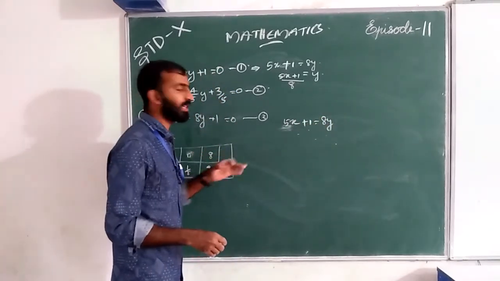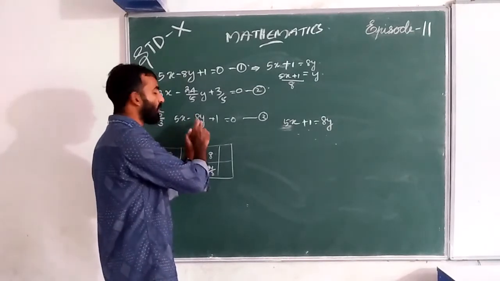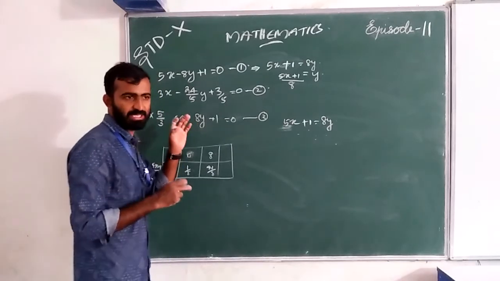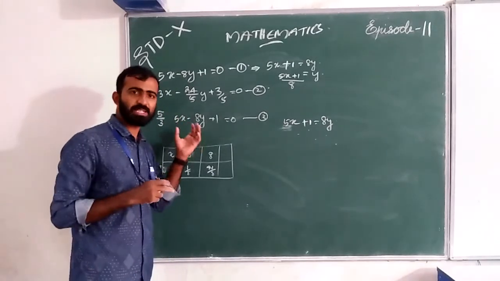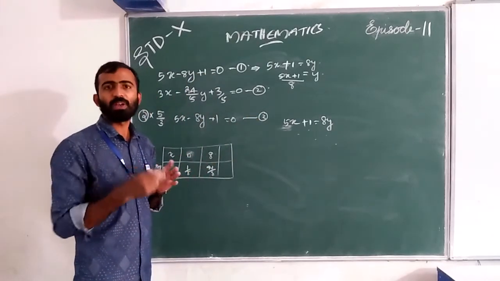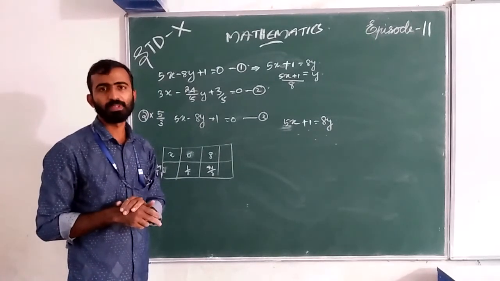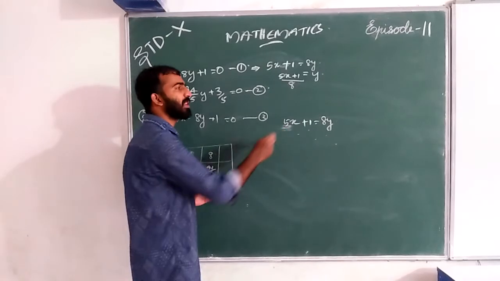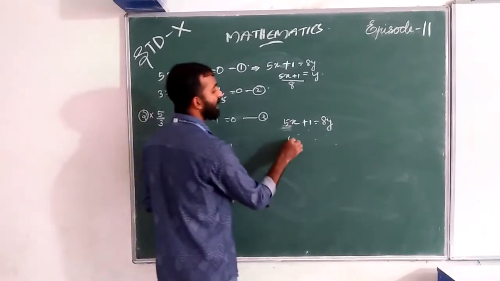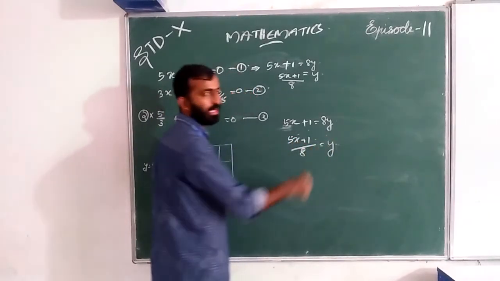Here 8y is moving to the right side, so the subtraction is converted to addition. Yes. That is 5x plus 1 equal to 8y. The next step is 5x plus 1, whole divided by 8, equal to y.